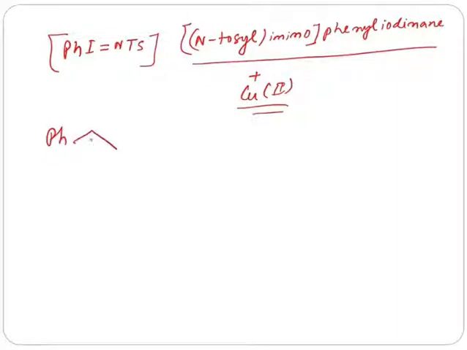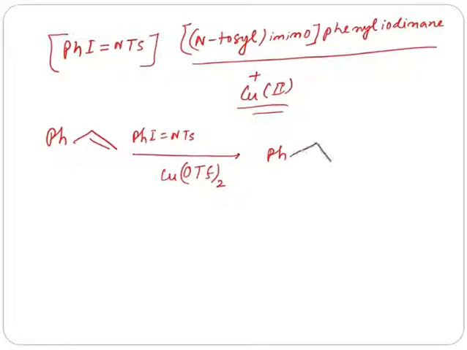So let's take an example. Suppose styrene is our olefin source, with N-tosyl phenyliodinane and copper triflate. This will give the N-tosyl aziridine ring.